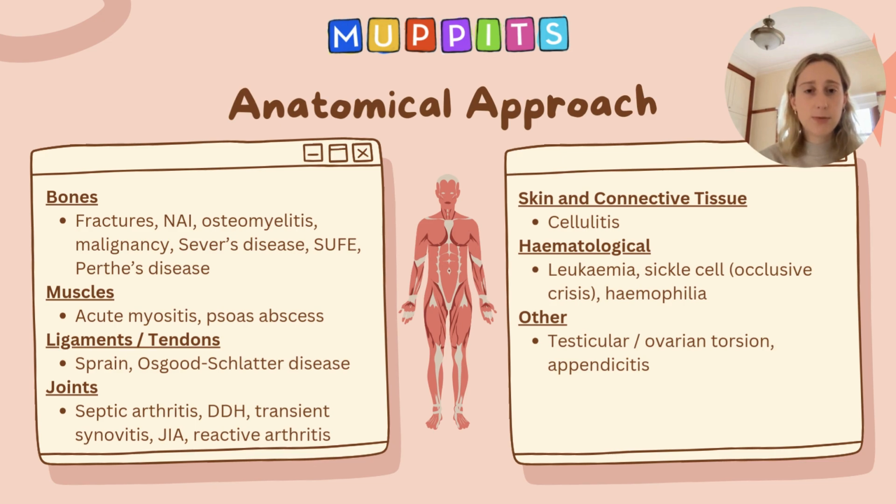And haemophilia as well can cause bleeding into joint capsules or hemarthrosis, which can be quite painful. And then some extra conditions that are outside of the musculoskeletal system, but things like testicular and ovarian torsion are really important to pick up, and appendicitis as well.